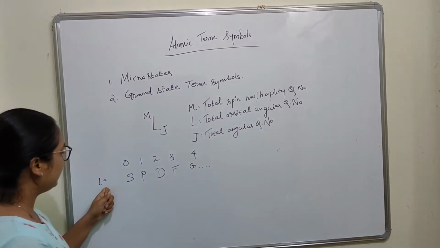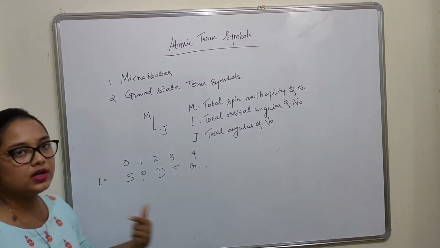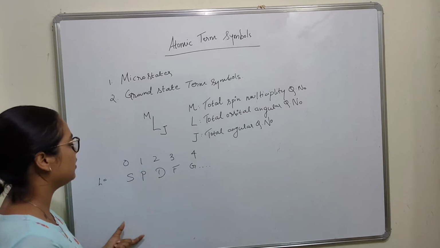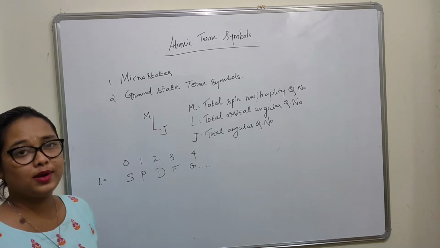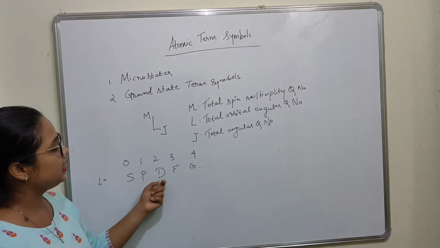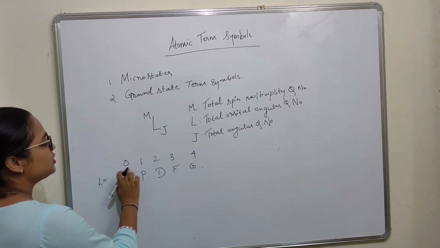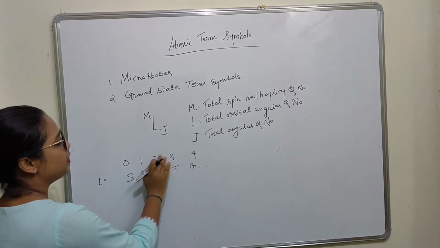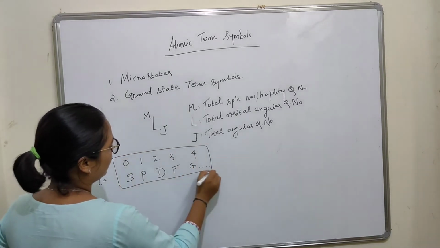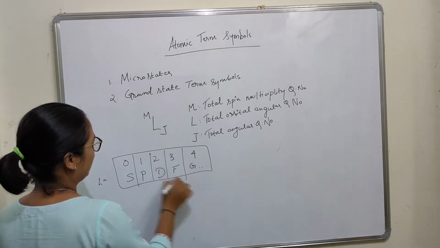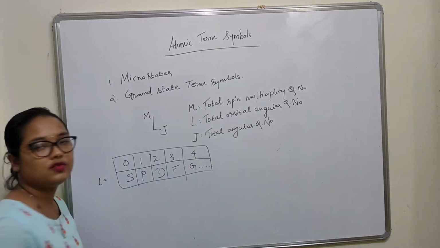To find out L, there is a technique which we will talk about later when we discuss the configuration, but L is actually your main atomic term symbol, the alphabet which comes over there, S, P, D, F, G and henceforth, and it depends on the number that you get, 0, 1, 2, 3, 4. So this particular table to find out the value of L is very essential. Again, this goes back to the structure of atom chapter.